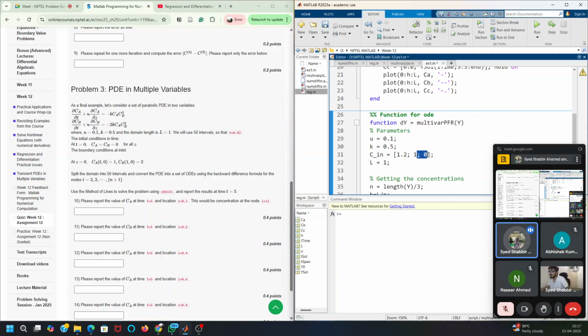We have only two boundary values, at z equals 0.